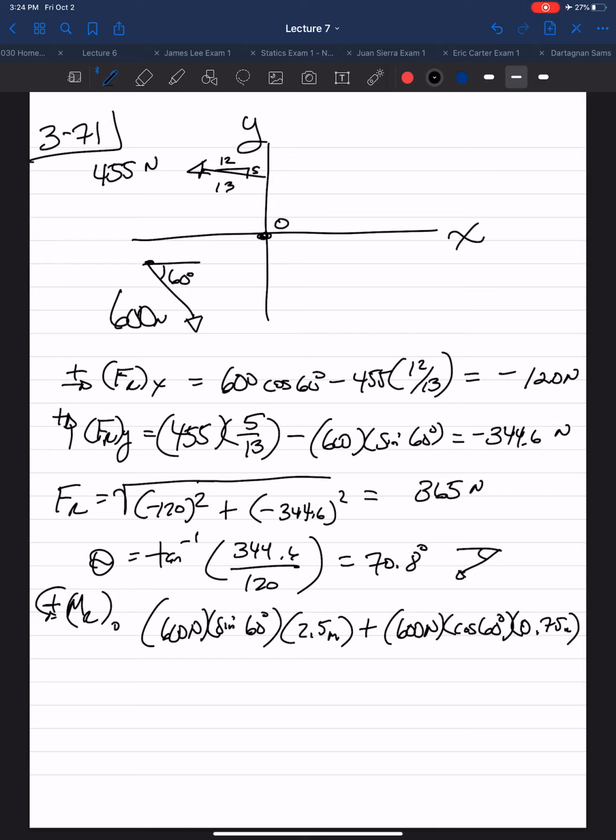But the horizontal component is separated by a perpendicular distance. So it's causing a counterclockwise, so positive. So we'll add the 455 times, we want the horizontal component, which would be the 12/13 leg ratio, times the perpendicular distance, which would be 2 meters. So that added up, get about 2,364 newton meters.